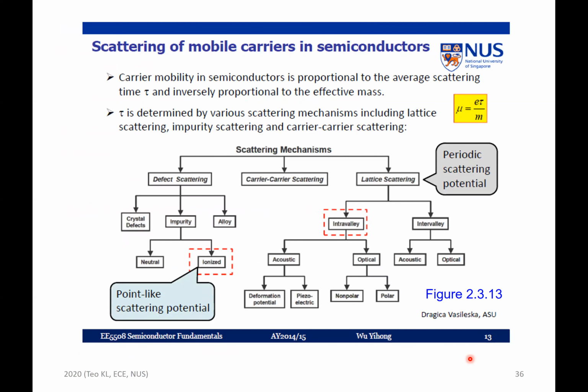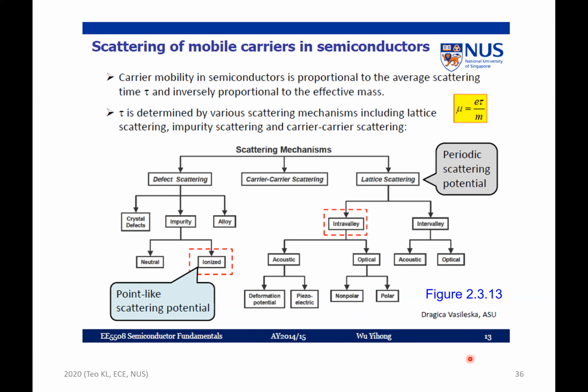Now, scattering of mobile carriers in semiconductors. And this has been introduced in the earlier course. Imagine that you have an electron moving inside a semiconductor crystal, and your semiconductor crystal is all arranged periodically in a lattice, or the atoms are arranged in a periodic potential.